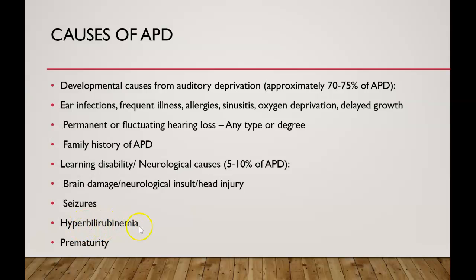So babies that are born with hyperbilirubinemia often have to get a blood transfusion, and that puts them at risk for auditory processing disorders. And finally, prematurity. That also goes up here with delayed growth, because we know that babies who are born prematurely take a little bit of time to catch up to their normal peers. So these are all of the causes of auditory processing disorder.